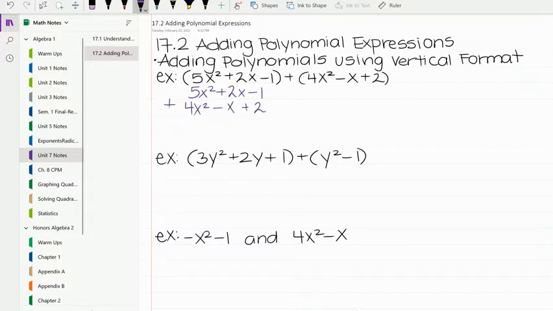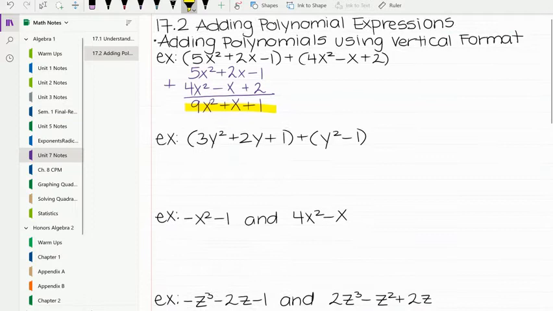And notice I am lining them up appropriately, like I'm not going to add the 2 to the 5x squared because those are unlike terms. So then I would get 9x squared plus x, and then negative 1 plus 2 would just be plus 1. So that would be my final answer. And if I were to classify that, that would be a second degree trinomial. So that would be it.